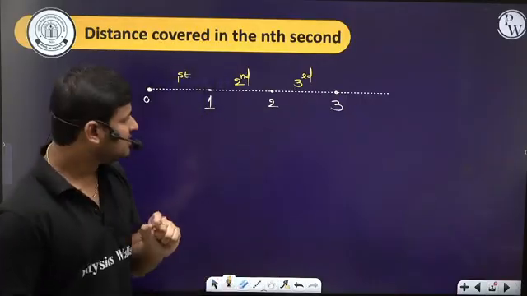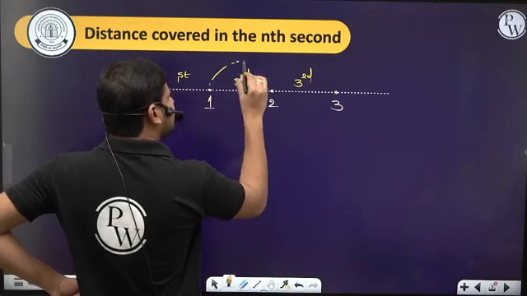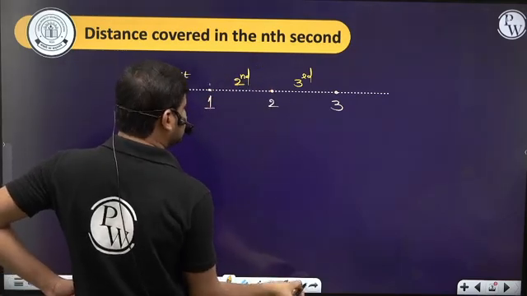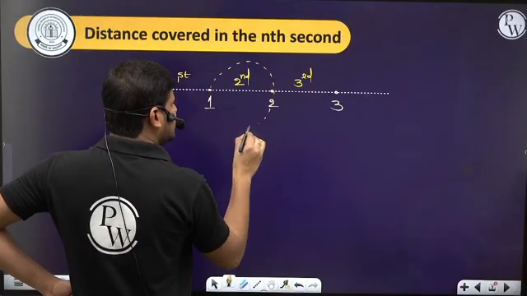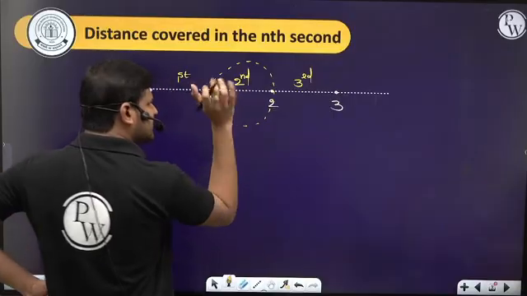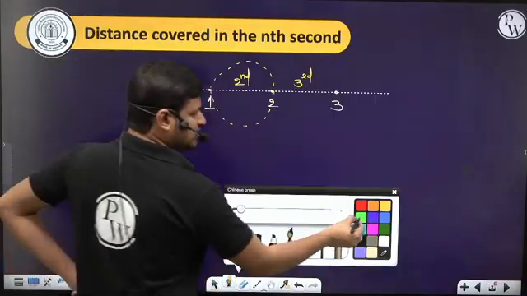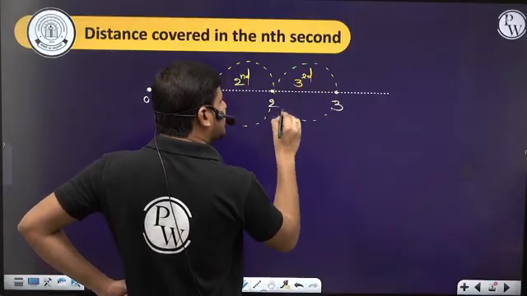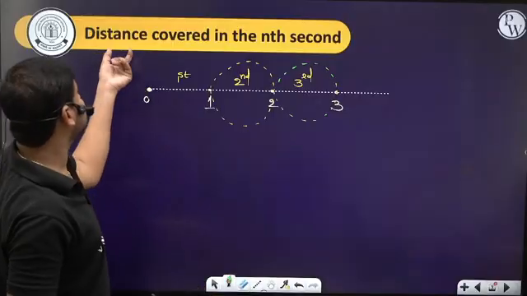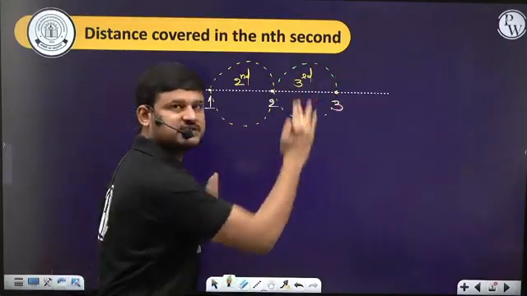But what if I ask you, what is the distance traveled by the body in the third second? Only in this particular second, how much distance has the body traveled? We are talking about the distance covered in the nth second, a particular second, not in n seconds.